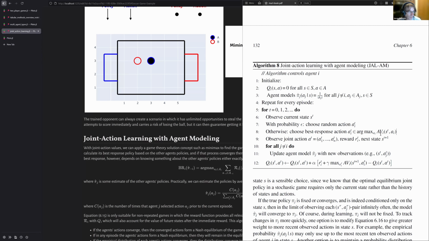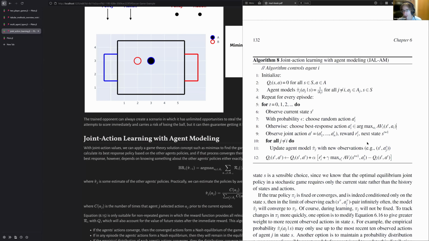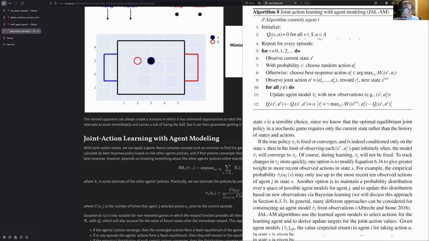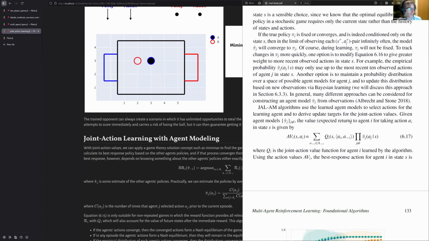And this thing is just computing the action values for one agent, so its own action values, just like we'd have in single agent RL, but making use of the joint action values and the policies for the other agents, or the current model we have of their policies. So this calculation means we can avoid calculating the game theory solution concept, which we might not even be able to do in the case of something like Nash Q learning. We might not have an easy way of computing it.